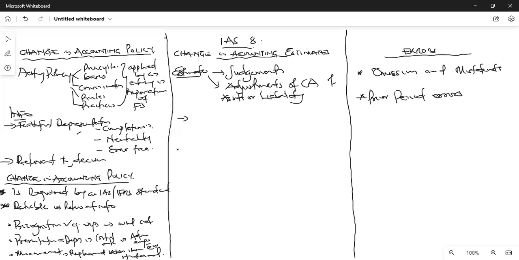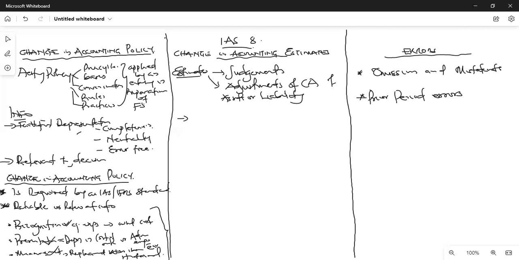So be careful about that. Okay, so that is that. But the key important thing is that when it comes to change in accounting policy, any change in recognition is a change, presentation is a change, and measurement is a change. All right. So you need to know that.